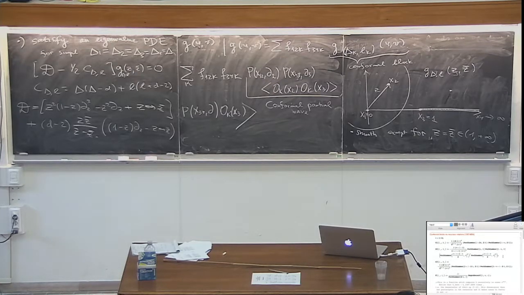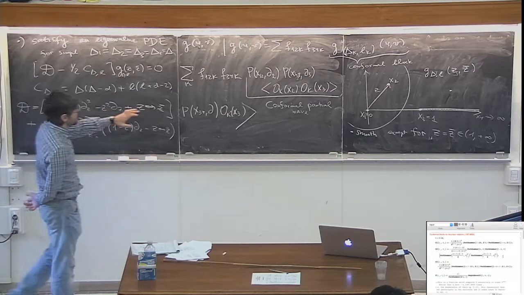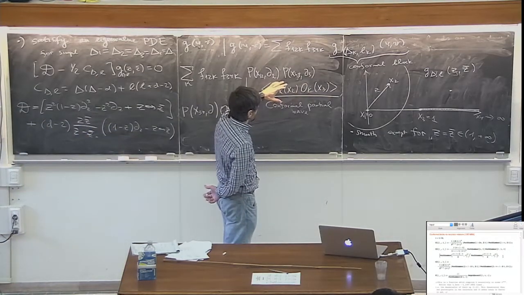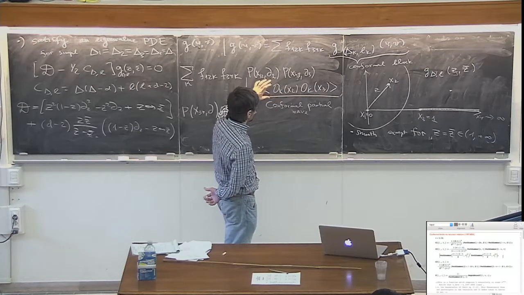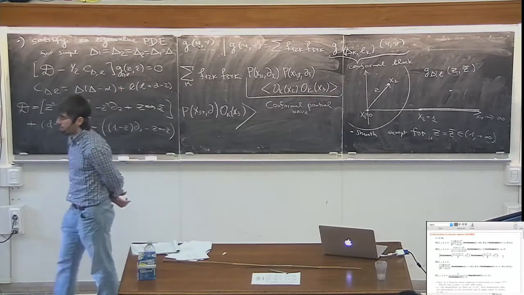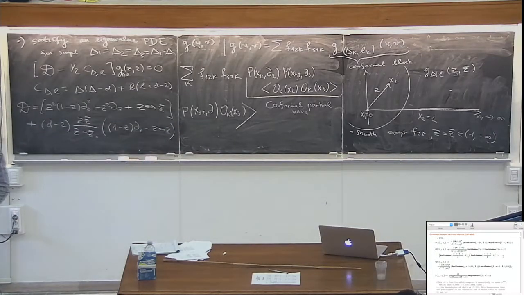You take this differential operator, you square it, and you act with it on the 4-point function. Group theory tells you that the contribution of this conformal partial wave, when acted upon by this conformal Casimir operator, is just going to be an eigenfunction with this eigenvalue. So this is the reason.